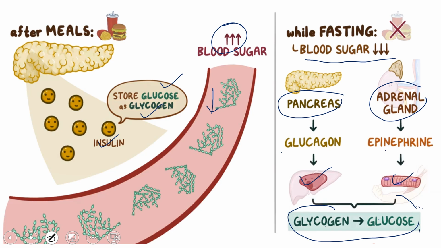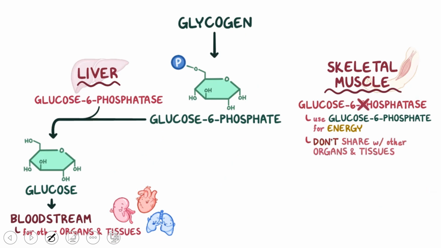This is the normal process in case of fasting. At the time of fasting we require glycogen to be converted into glucose, and we have seen the pathway: glycogen is converted to glucose 6 phosphate.